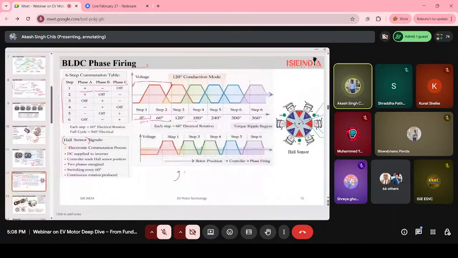Then the next pole will get energized, so the rotor tries to move forward. Then the next pole will energize, and the rotor tries to move forward. By this you can see the rotor always keeps moving with the help of phases turning on and off.